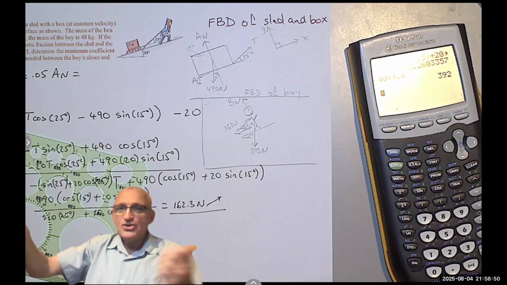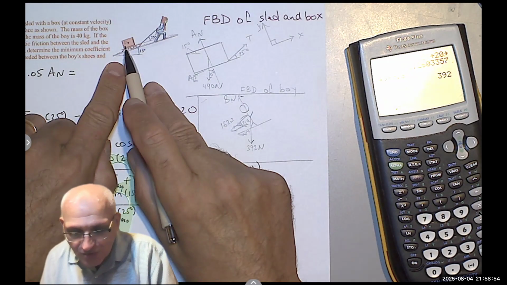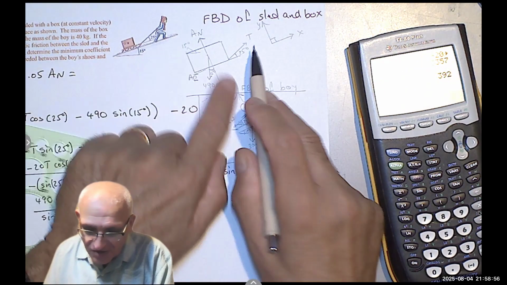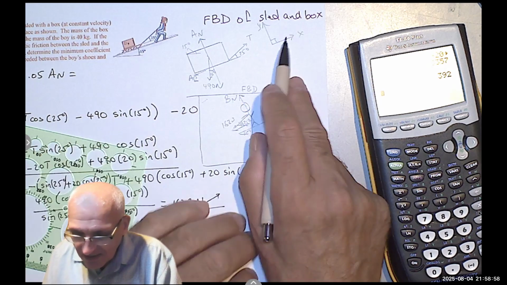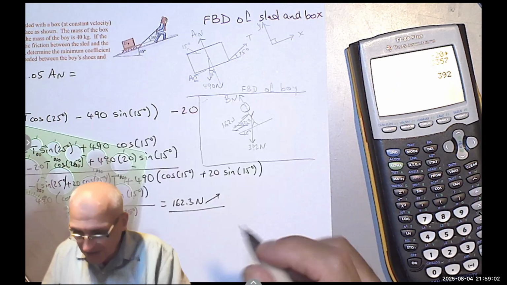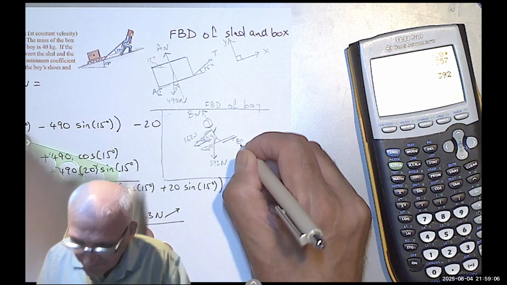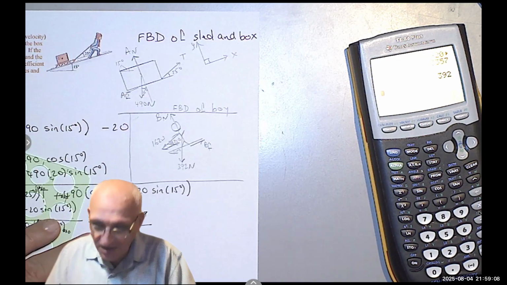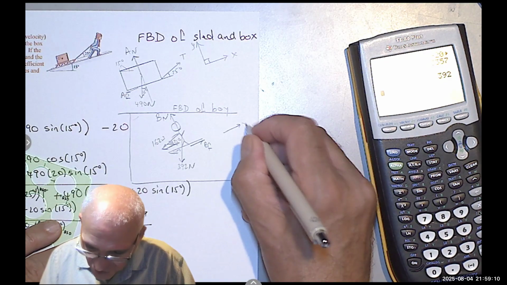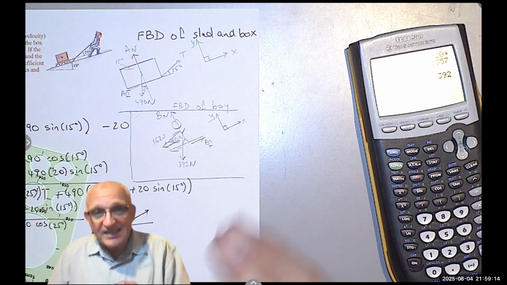Definitely backward. So the friction is opposing that. Notice here the sled was moving up, so the friction is going down. But here, the boy, his foot is sliding backwards, so B sub F is going up. This is extremely important to understand. So we don't just place them haphazardly, you have to think a little bit.